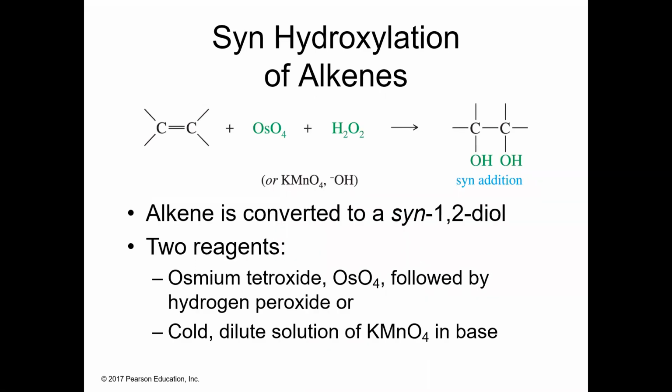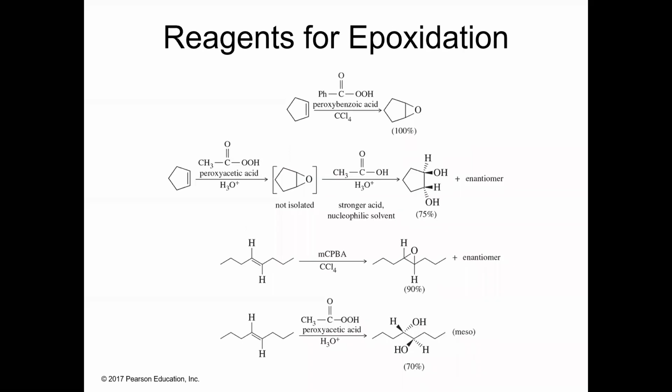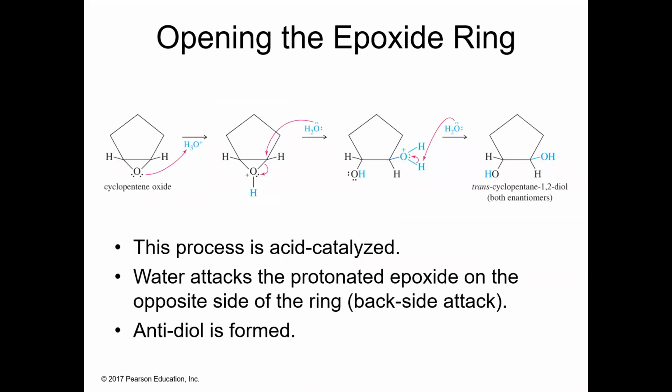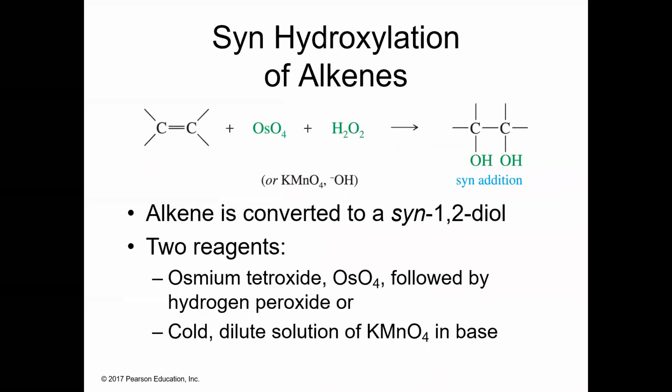All right, we talked about syn hydroxylation. Okay, this is anti-dihydroxylation. The two OH groups are added opposite or anti to each other. We have two methods of doing syn hydroxylation.